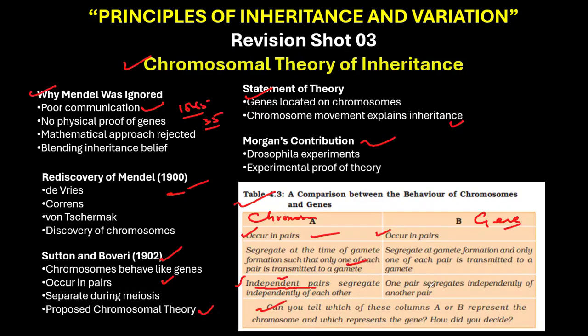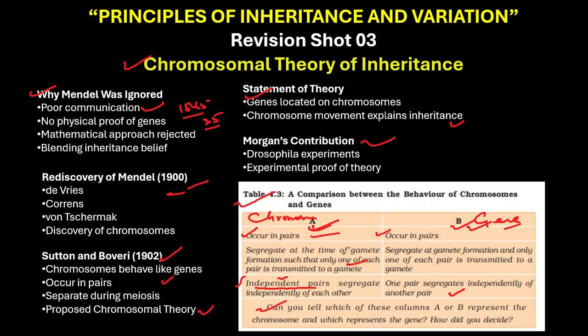But in this case, the phrase one pair segregates independently of the other refers to genes. So this is the statement where you can find out that this one is chromosome and this one is gene. The rest is almost the same.